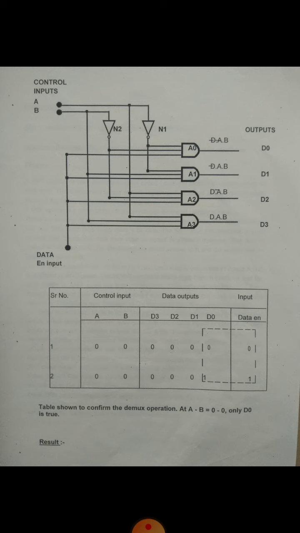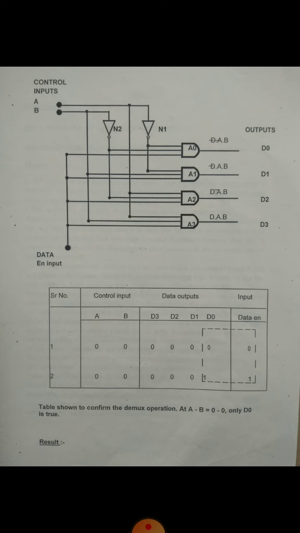Okay, this is our D2. And for D3, expression is D dot A dot B. We have inputted all the three inputs, two control inputs and one data input directly, and we get this expression.